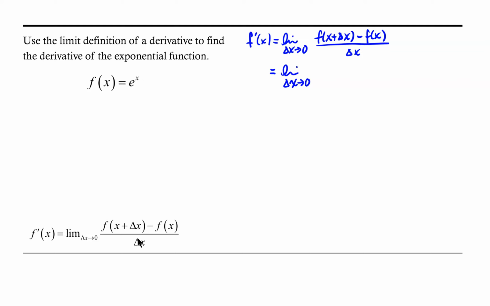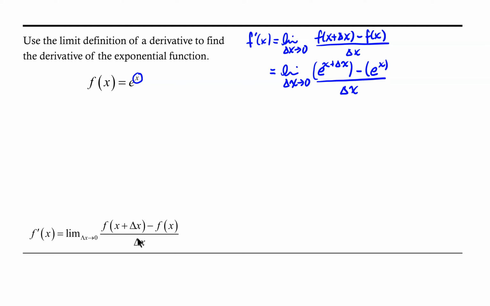In our exponential function, we will be replacing our exponent x with x plus delta x in the first part of this numerator. So e to the x plus delta x minus the function itself, so e to the x, all over delta x.